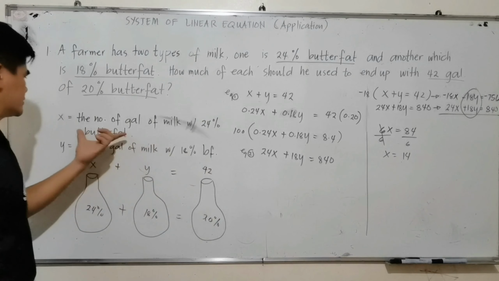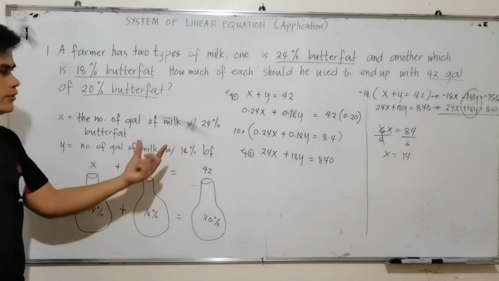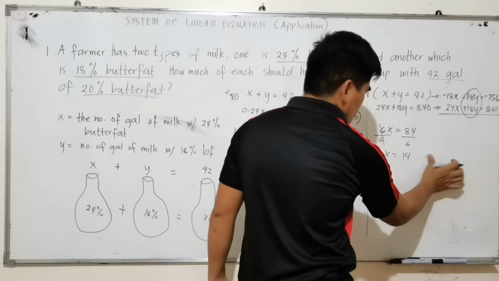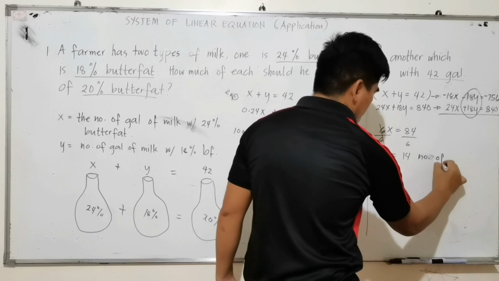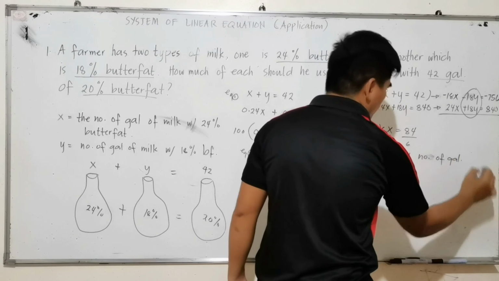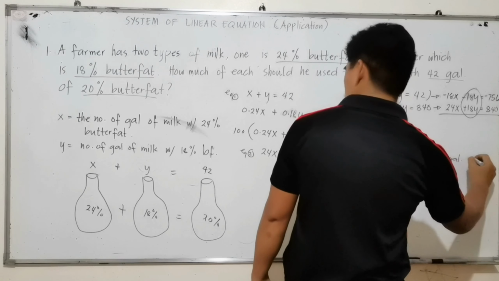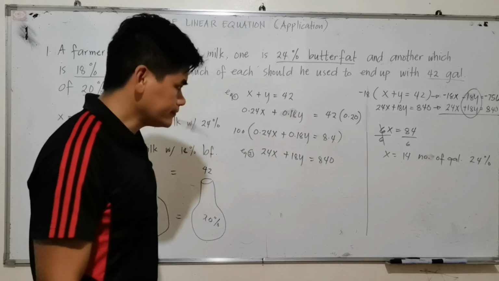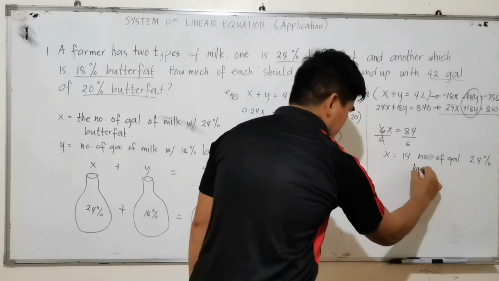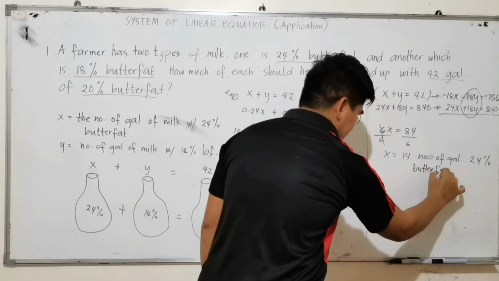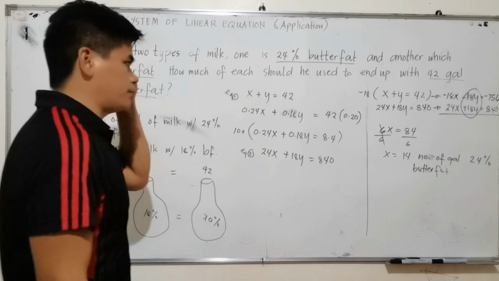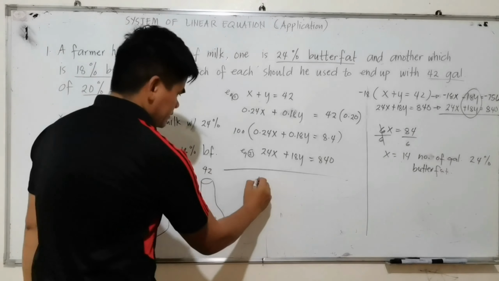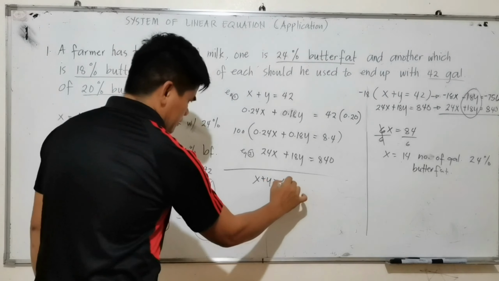And what is x? X is the number of gallons of milk with 24% butter fat. Now let us solve for y. So we have our equation, X plus y is equal to 42.